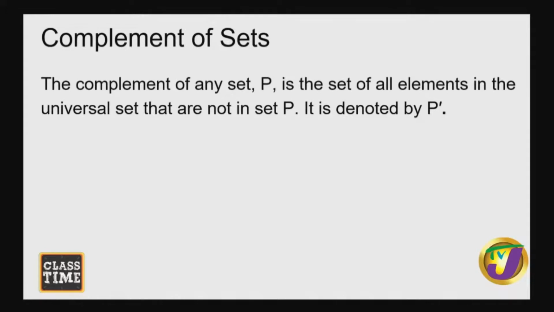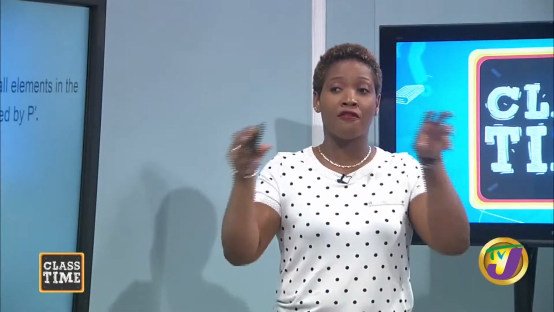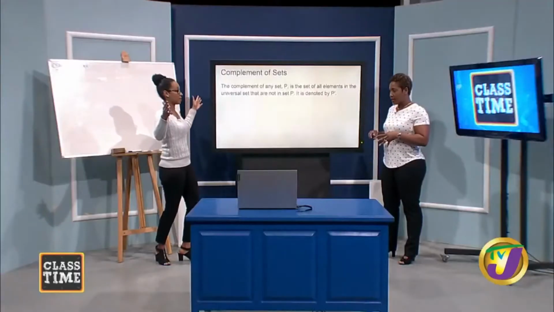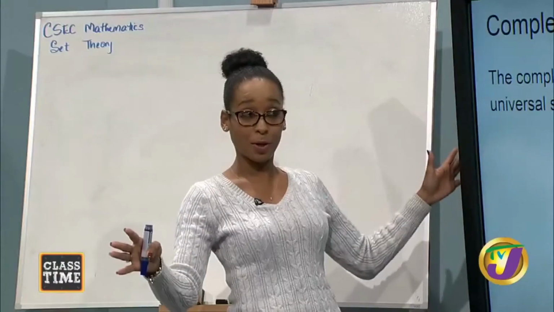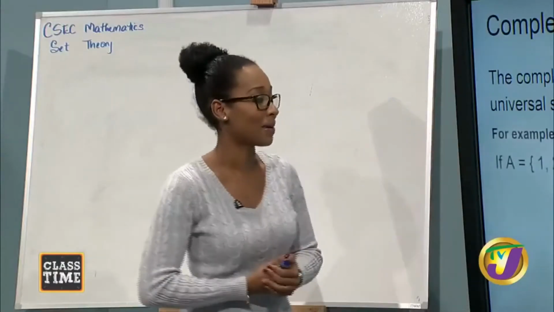This is how we represent the complement. For those who are listening, the complement is anything that is in the universal set that is not found within the set. So it's outside of the set. Remember, outside.